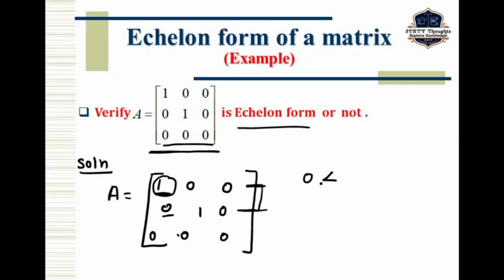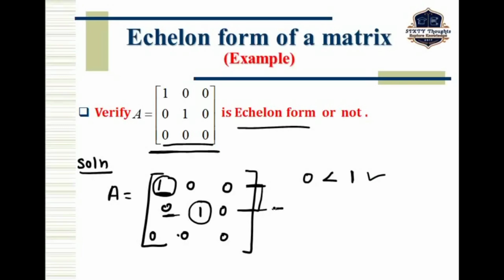It is strictly less than the number of zeros before the first non-zero element in the second row, where only one zero is there. Therefore, 0 is strictly less than 1, so it is satisfied.